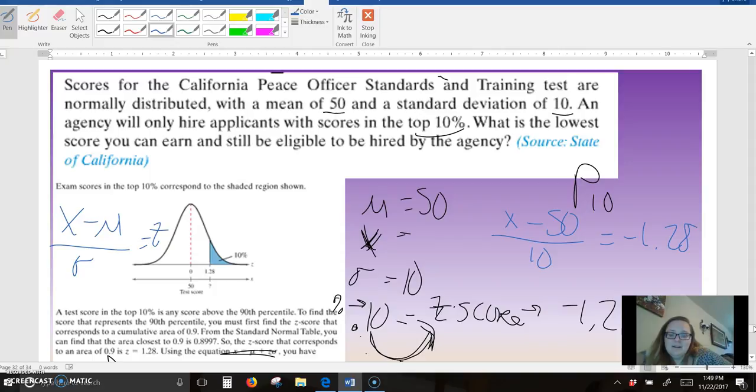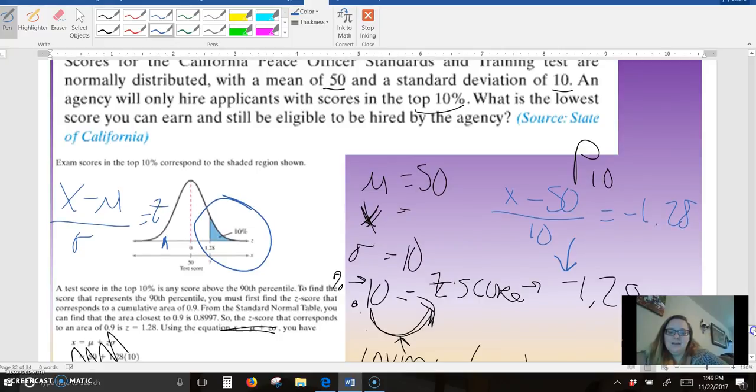Because right here, my z-score was negative. We don't want a negative z-score. That's way over here. We need the top z-score. So I needed to do the opposite. This is not really the 10th, this is the top 10%, which corresponds to the 90th.